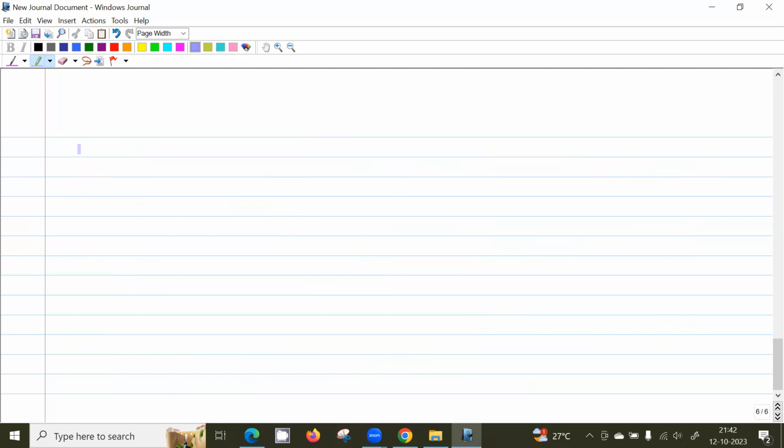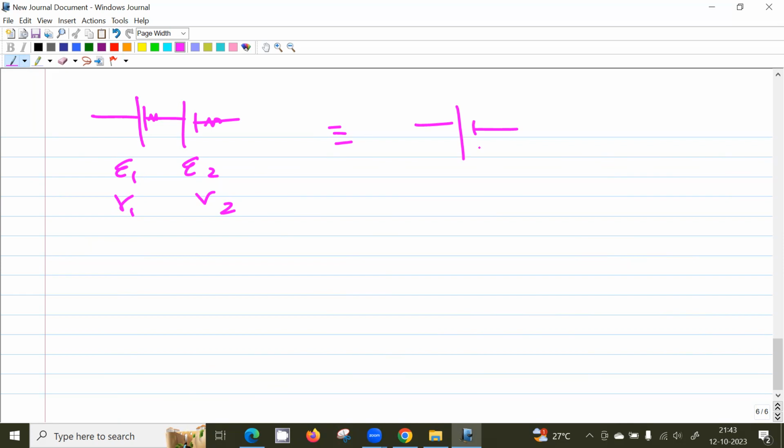So if you have 2 cells, let me take 2 cells only. This is the first cell, and the second cell. The first cell has an EMF E1 and internal resistance R1, a small resistance because it's not ideal, it's a real cell. The second cell has EMF E2 and internal resistance R2. This can be represented as a single cell of some equivalent EMF and equivalent internal resistance.